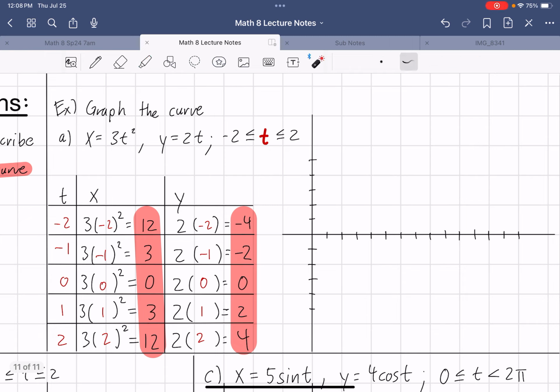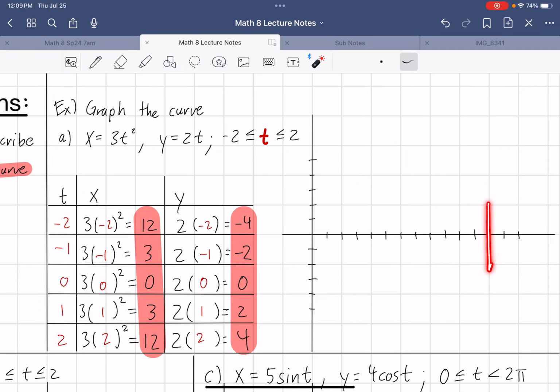But you want to make sure when you graph, you pay attention to your first ordered pair, second, third, fourth, because that is the order that we're going to sketch the graph, and that direction in that order is the movement. So starting with 12, which if you notice here, that's 1, 2, 3, 4, 5, 6, 7, 8, 9, 10, 11, and then 12 is this point here.